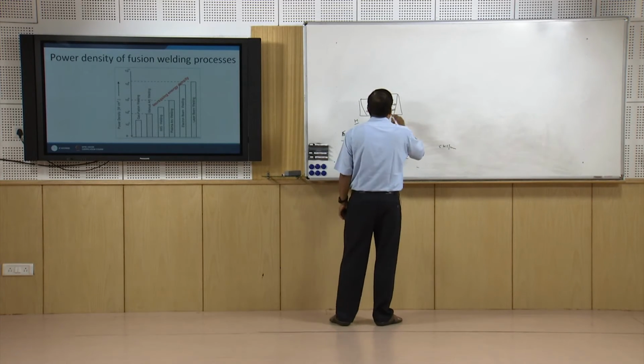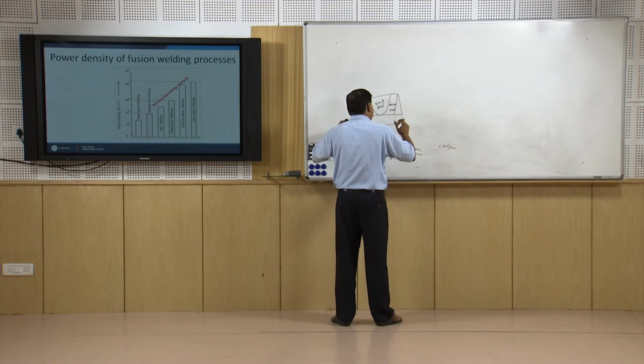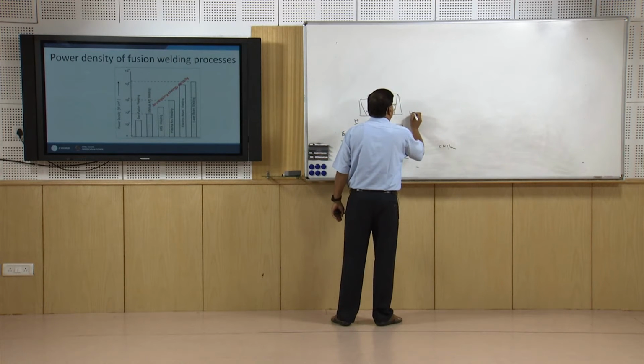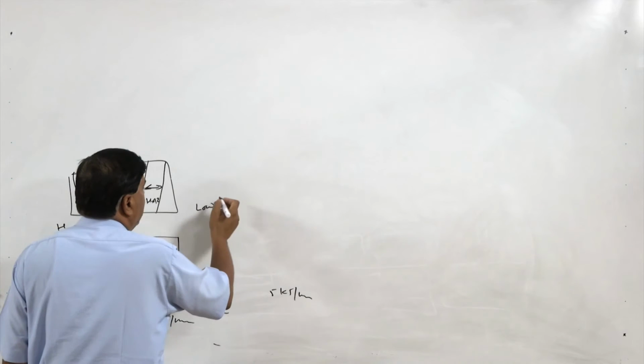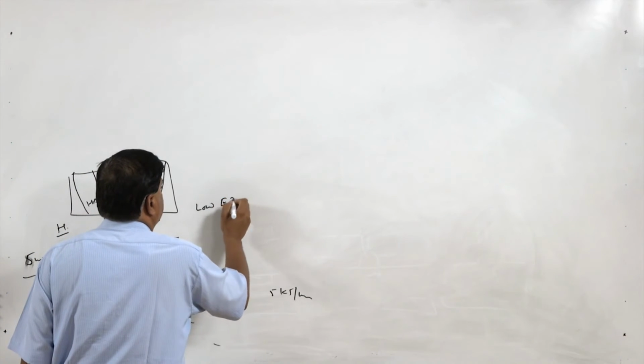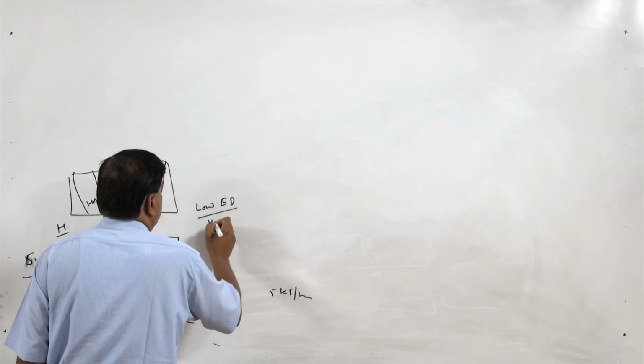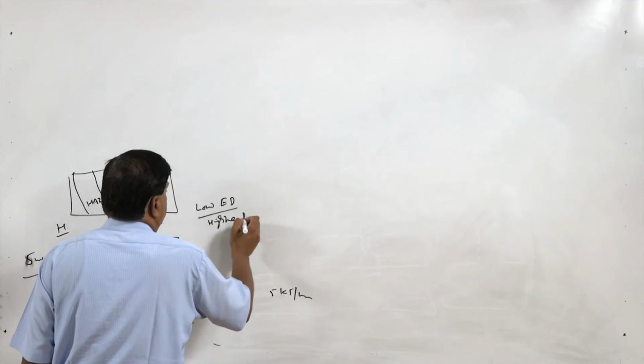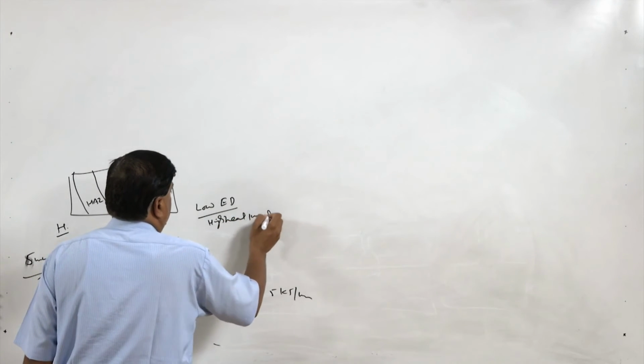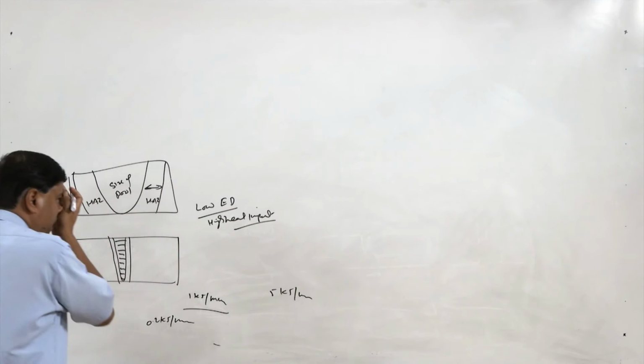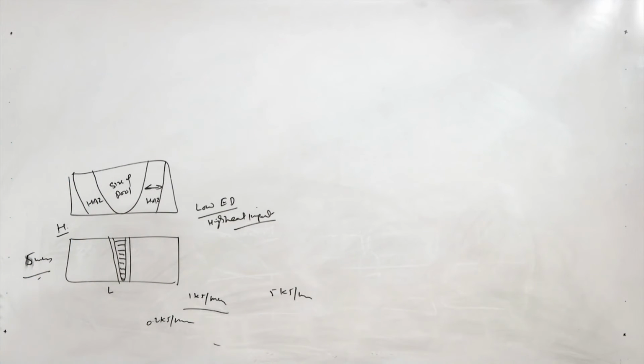This kind of joint and pool is obtained when the heat input is high and the energy density is low. This is what happens in low energy density processes like gas welding or simple shielded metal arc welding.